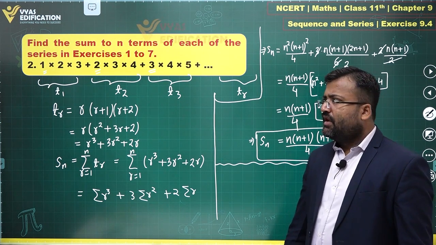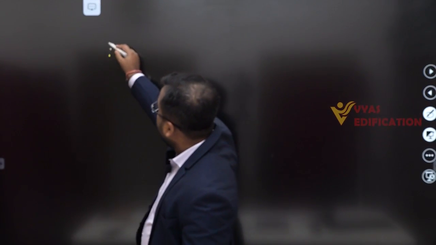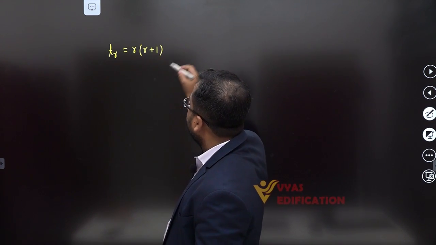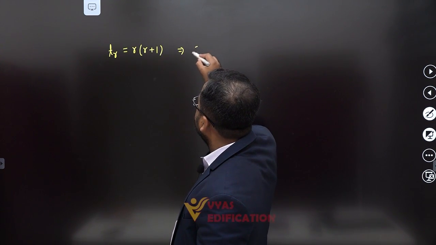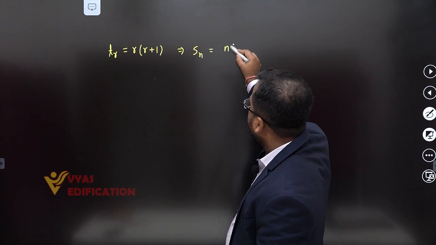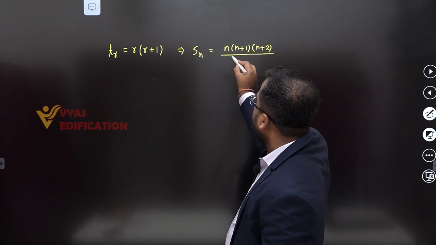What is that? Let's come back to that black screen that we had. If you observe TR, R plus 1 is what we had, right? That implies Sn will be equal to, what was that? n plus 1, n plus 2 by 3.